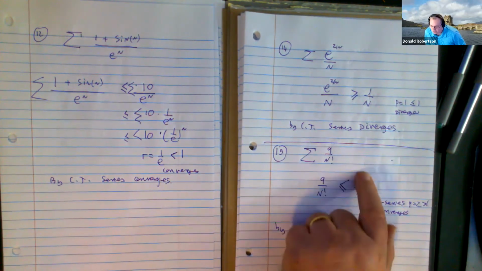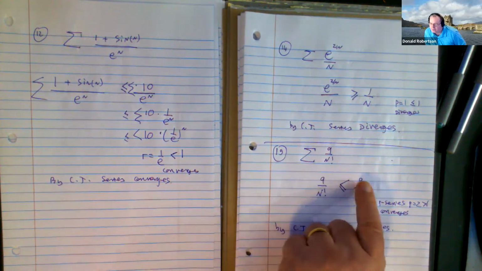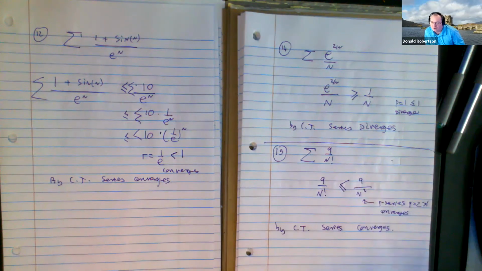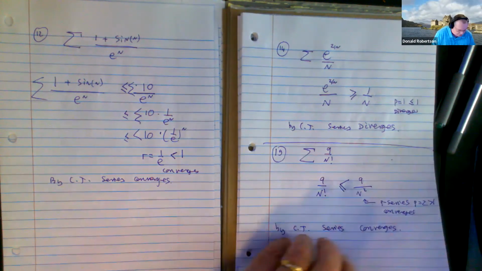It's true that it's less than 9 over n, but wouldn't that just say I'm smaller than somebody that diverges? Now, the logic of that doesn't mean that you converge, right? Just because you're smaller than a zillion doesn't mean that you couldn't still be huge and diverge, right? So don't get caught up in that little idiosyncrasy.